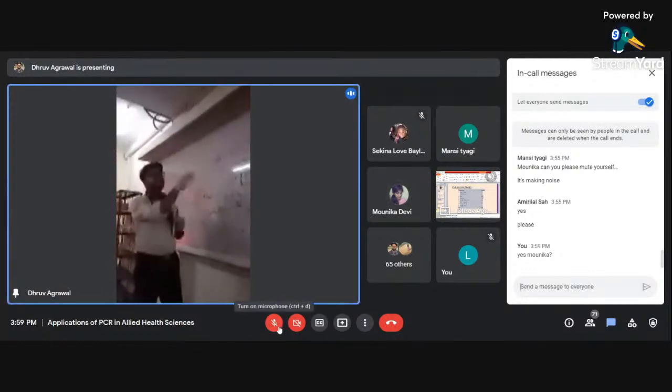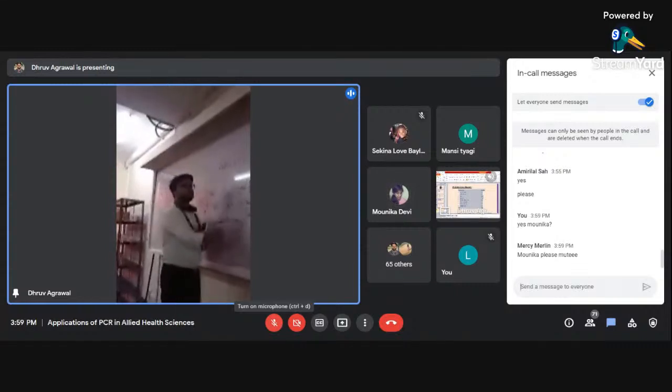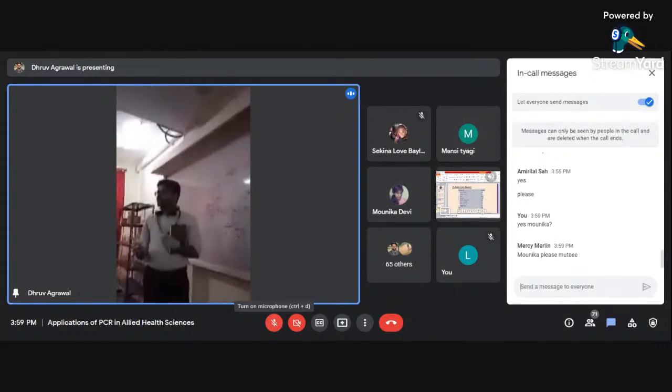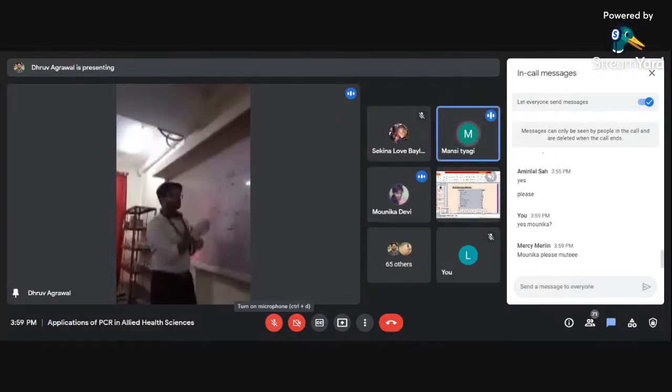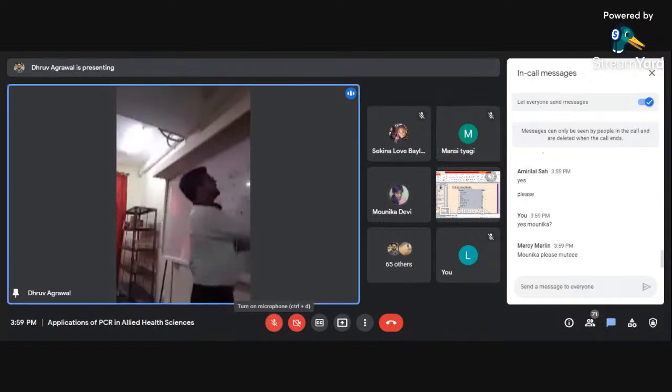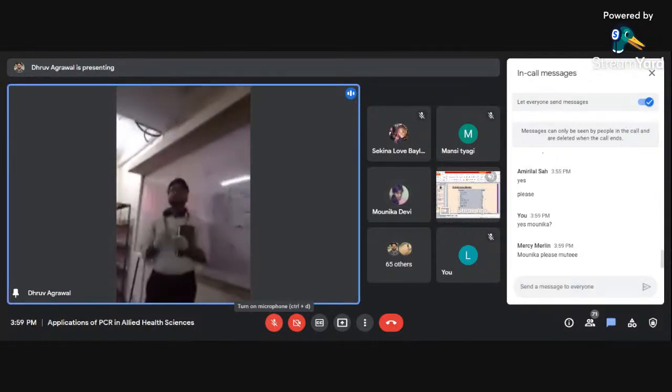Just divide each and every component by 2. Instead of 1 microliter primer, you can add 0.5 microliter primer. Instead of 1 microliter template, you can add 0.5 microliter template. And buffer will be added. How much buffer will be added for a 25 microliter reaction?